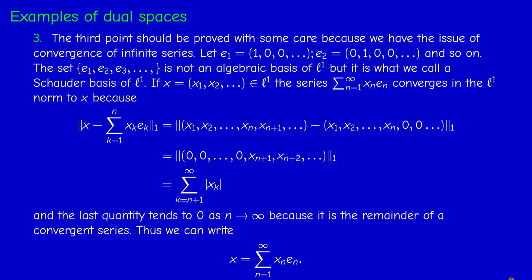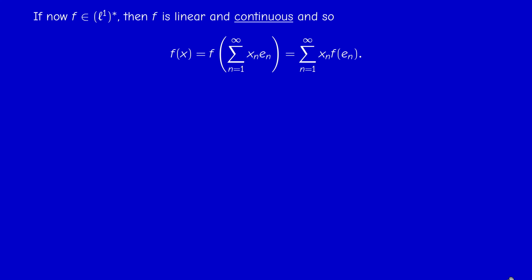Now, having this point, we can prove surjectivity. If we take an element f in the dual of L1, we don't know what this is yet, so it's linear and continuous. Therefore, f of x is f of this series. But now continuity permits me to exchange summation and f, because it's f of the limit of a sequence, and continuity tells me that f of the limit is the limit of f.